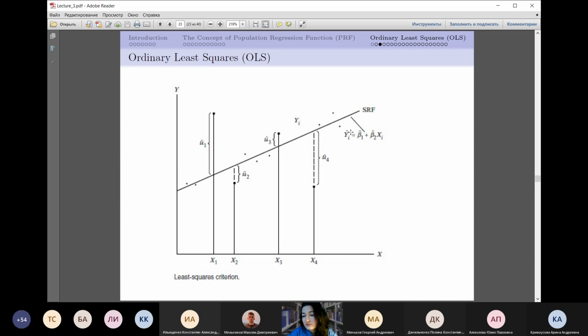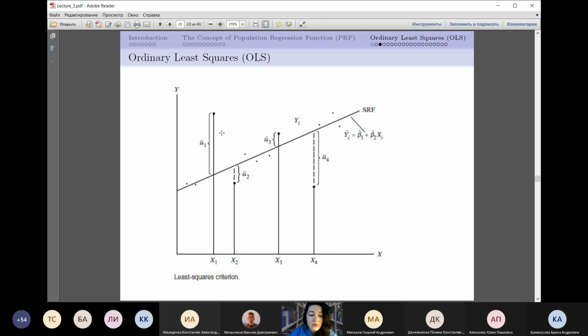But if we take just the difference between the observed and the estimated y values, what does it mean?